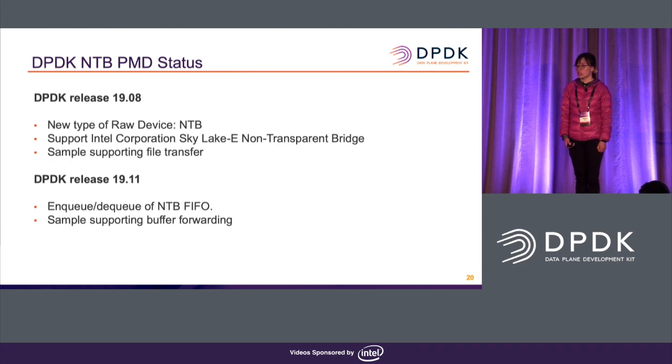In release 19.11, the queue design, enqueue, dequeue, all the things are already merged into the master branch. The sample is also extended to support packet forward. So all those code is already merged in the master branch. You can download and have a look at it.